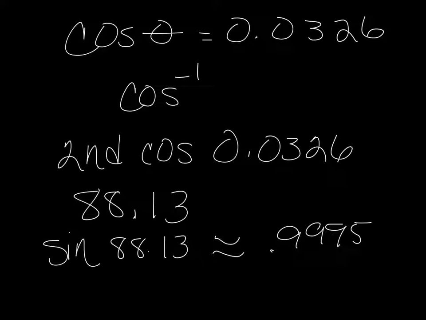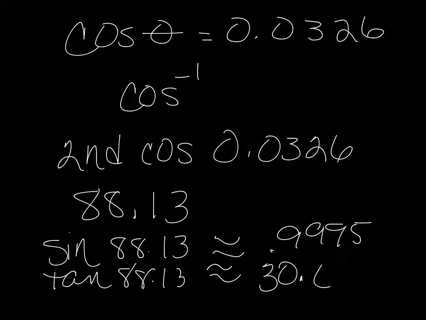If I do the tangent of 88.13, I get 30.63 if I round. So that's what we're doing on those. We're just doing an approximate answer. So that takes you up through the problems like number 24.